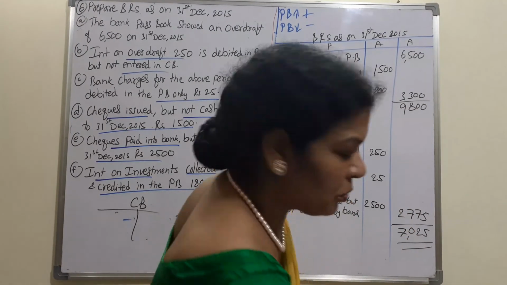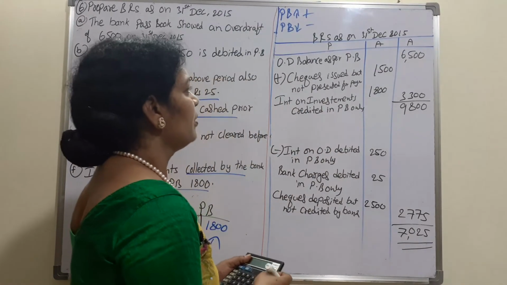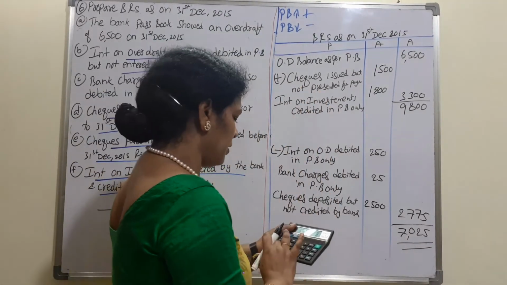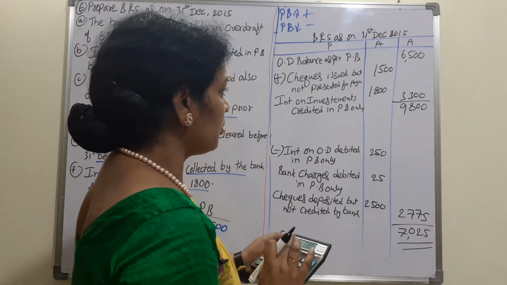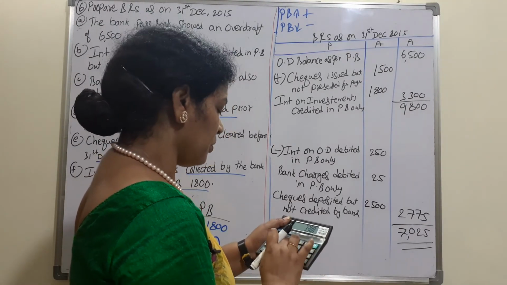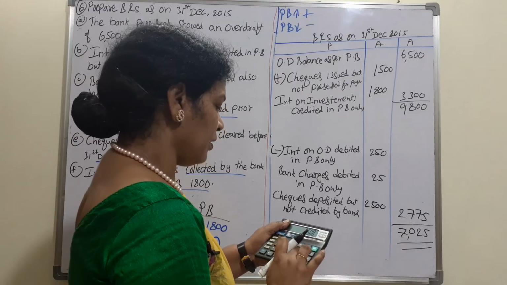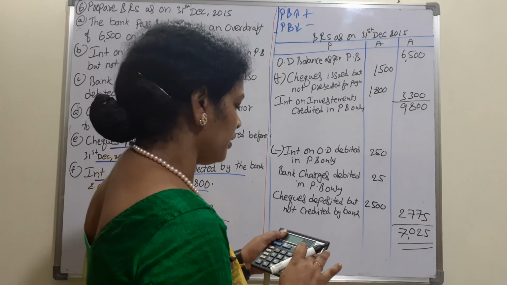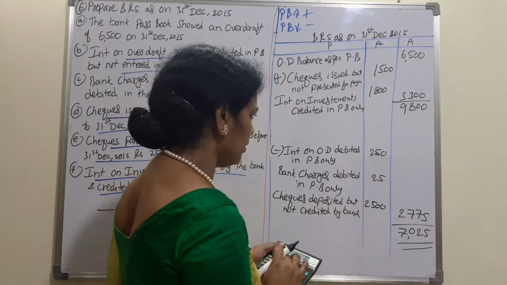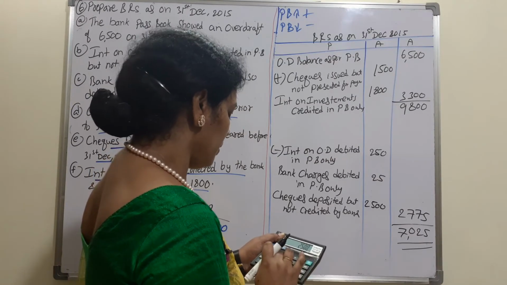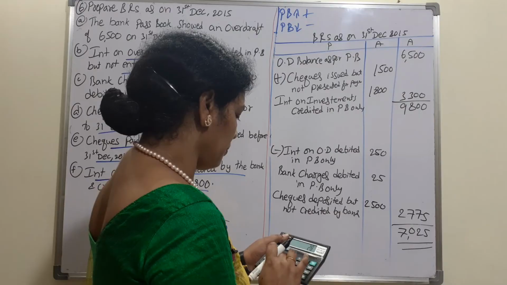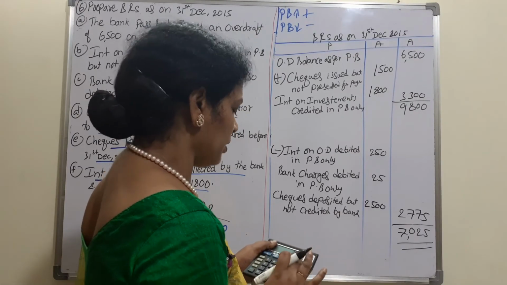Once again we'll check through the calculator. This is correct. 1500 plus 1800, it is 3300 plus 6500, it is 9800, that is correct. 9800 plus 2500 plus 250 plus 25, it is 2775, correct.